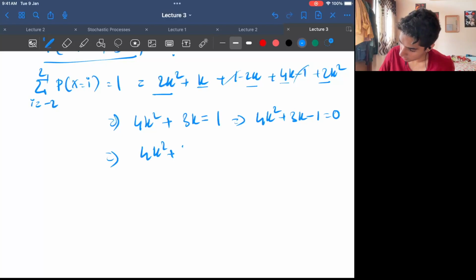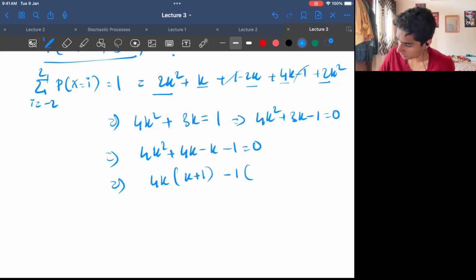I have forgotten 4k minus k minus 1, this is equal to 0. This implies 4k times k plus 1 minus 1 times k plus 1 is equal to 0.